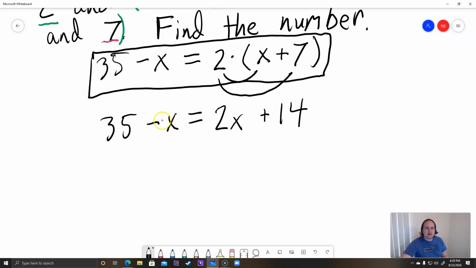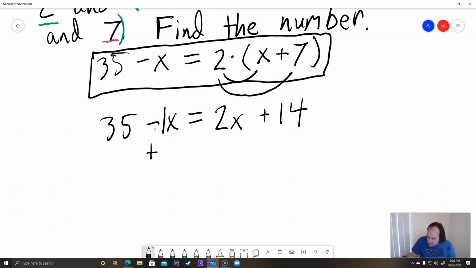So here on the left side, this negative x actually means negative 1 times x, and since negative 1 is smaller than 2x, this is the one we want to get rid of. So how do you get rid of negative 1x? Well, what's the opposite of subtracting 1x? Adding 1x. So we're going to be adding x to both sides.